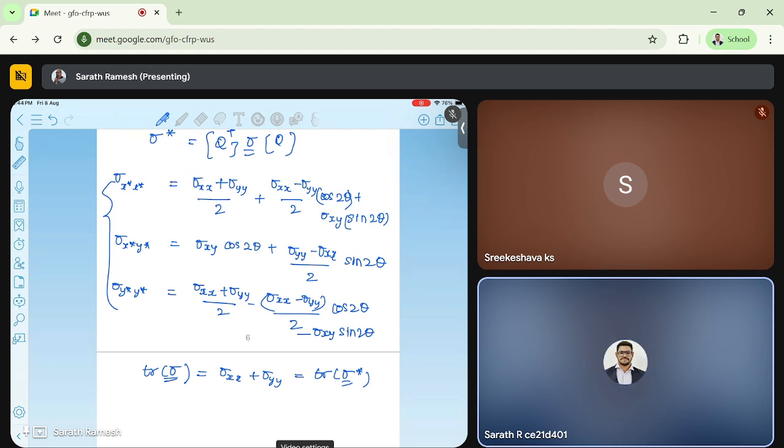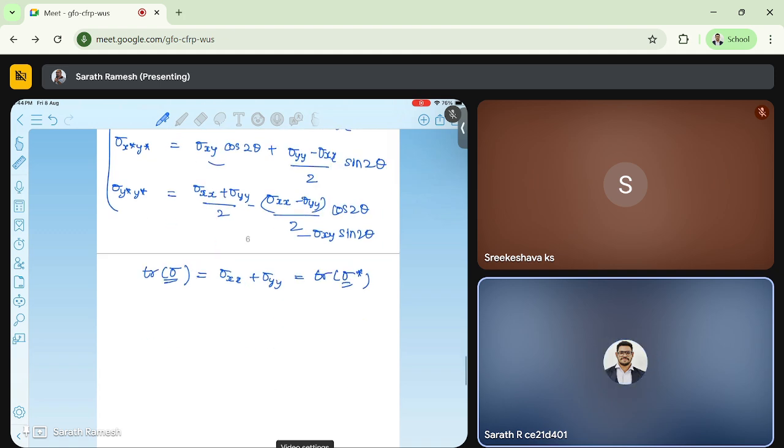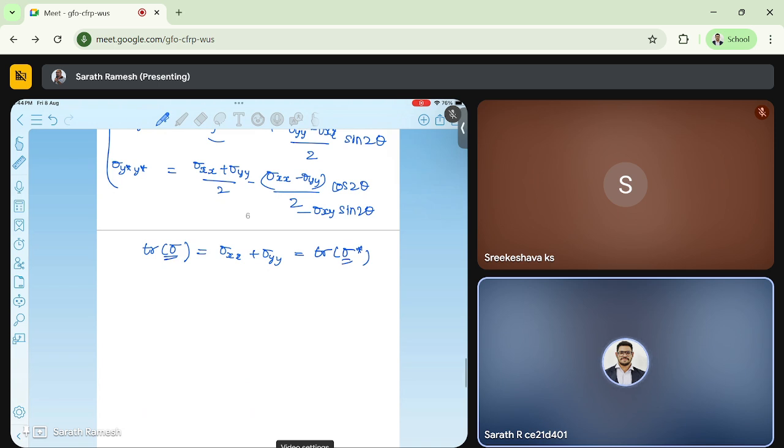For example, in the first equation, we shift the first term to the left side and square it, then add it with the second equation, again squaring, putting the first term to the left side, and we finally end up with an equation of a circle like this, right?